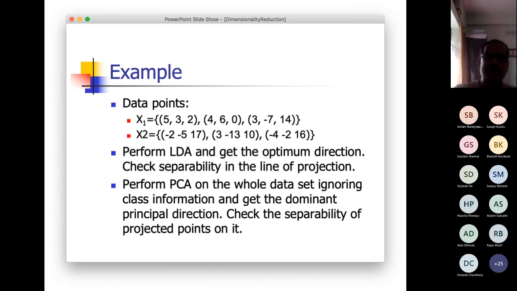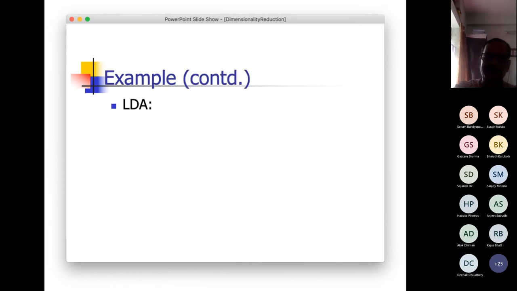But now I am also providing you the class labels. So some of them I am putting in class 1 and the others in class 2. Then we would like to see what is the direction where you get this maximum separability. So you have to perform linear discriminant analysis to get the optimum. Then we can also perform PCA on the whole data set and check the result. PCA we have already seen. If I have added another point, then it will be a little bit different.